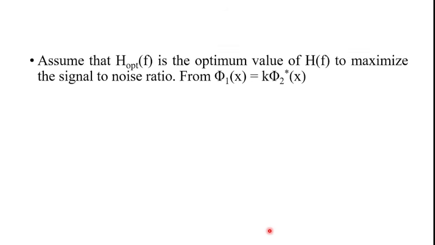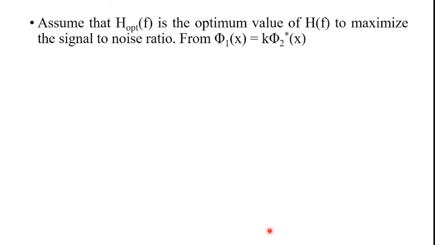Next, determine the optimum value of the filter. Assume that H suffix opt of f is the optimum value of H of f, and what is H of f? H of f is the frequency response of the filter.